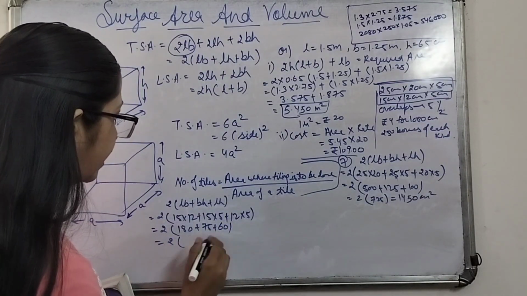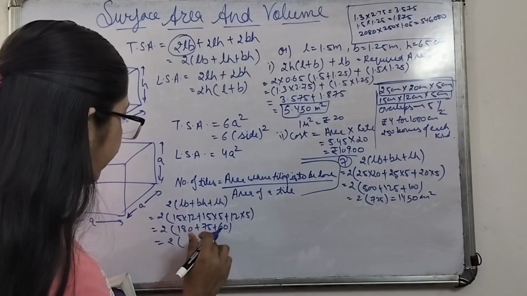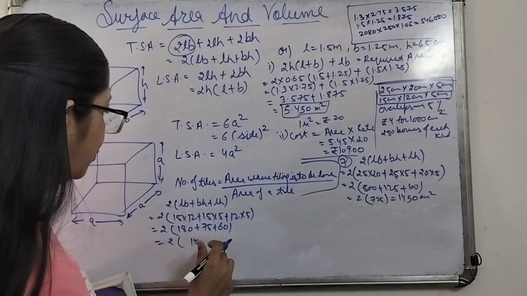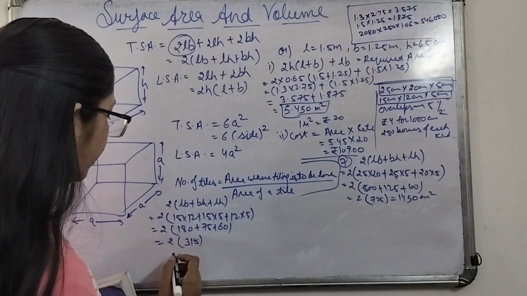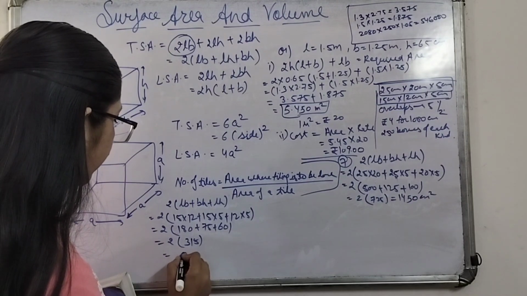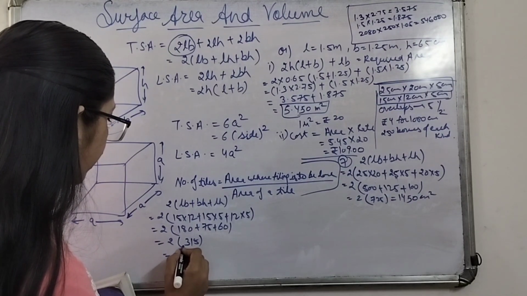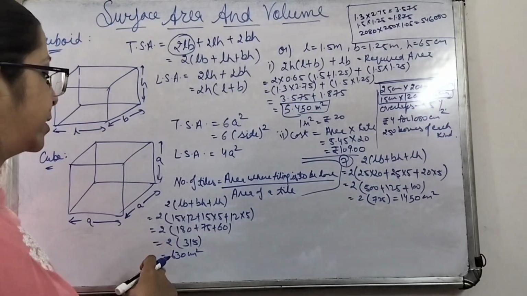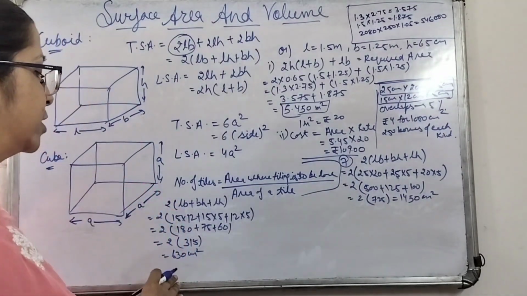So it will be 2 multiplied by 315, that is 630 centimeter square. This is the total surface area of the smaller box.